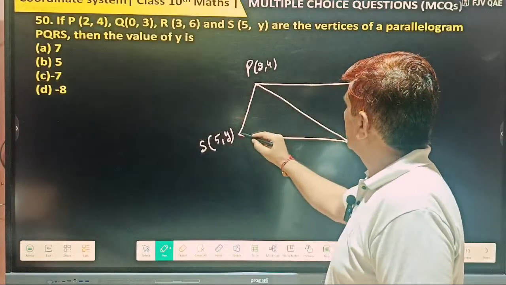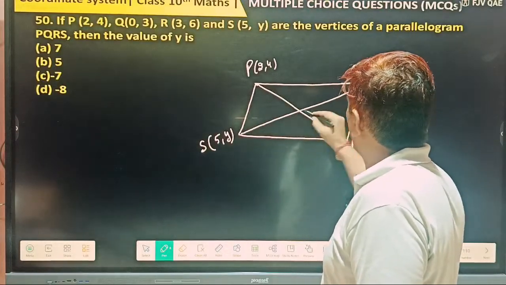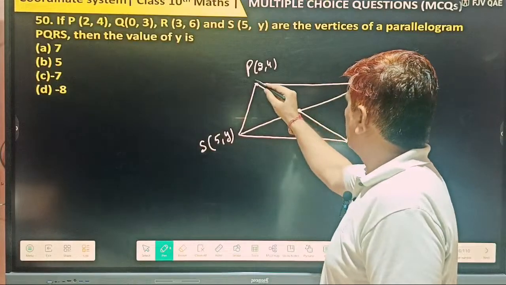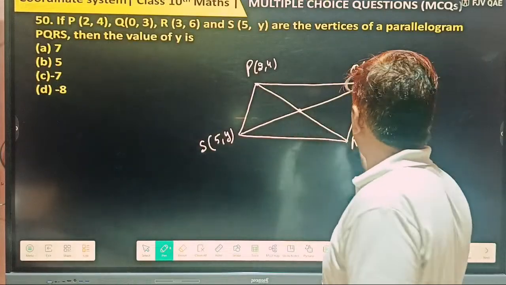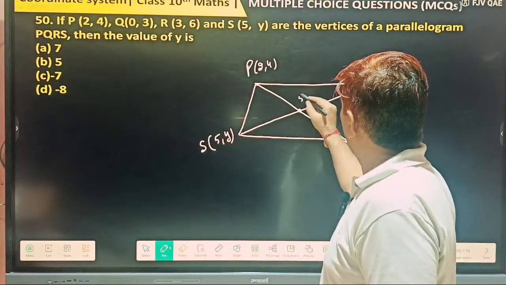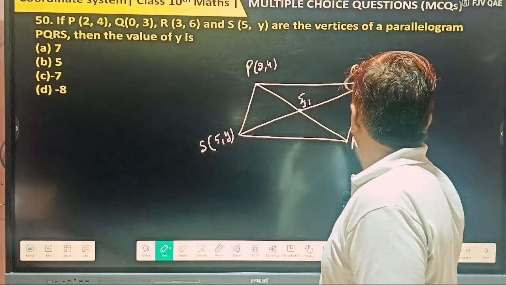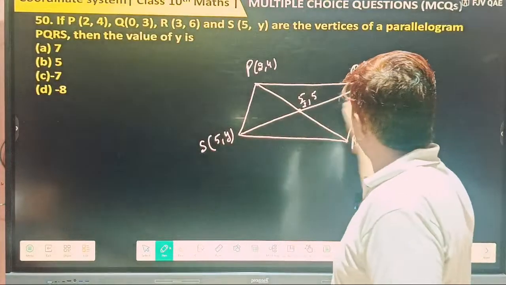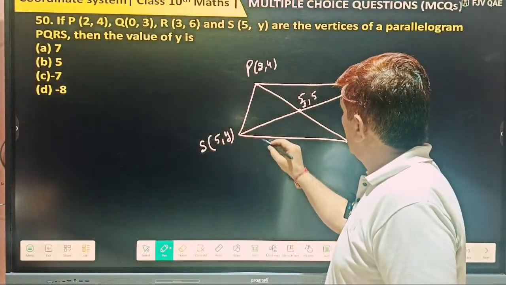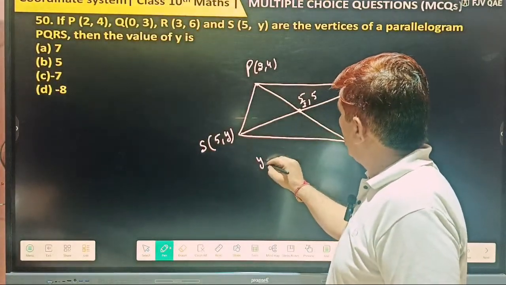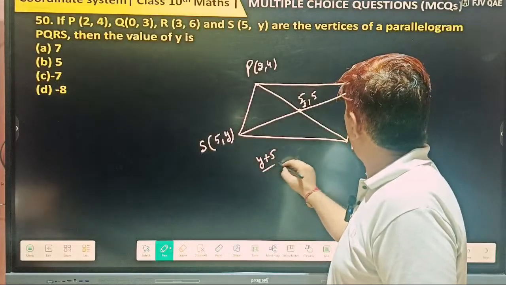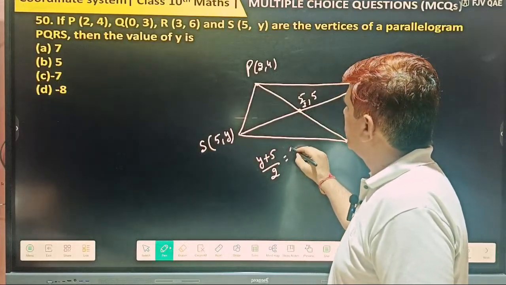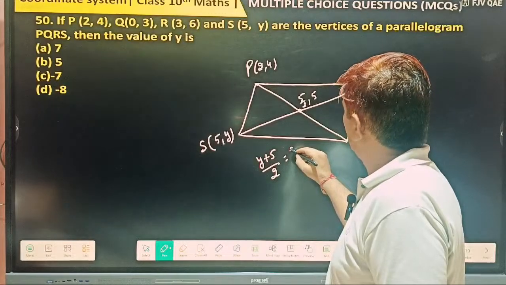Diagonals bisect each other. So this is the midpoint. So first finding the midpoint: 3 plus 2, 5 by 2, 6 plus 4 and 5. By this, y plus 5 by 2 equal to how much? 3.